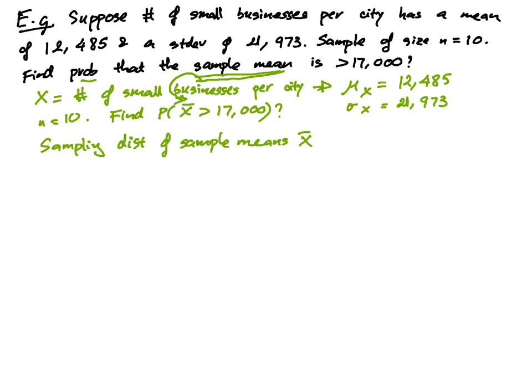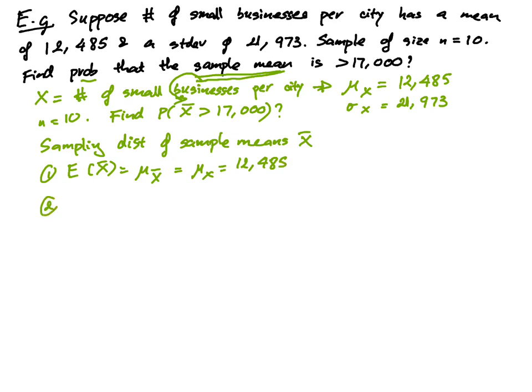First off, the expected value of the sample means, which is the mean of all the means, is equal to the population mean, the mean of the underlying variable, which is 12,485.